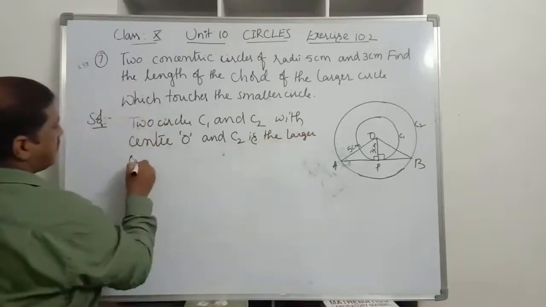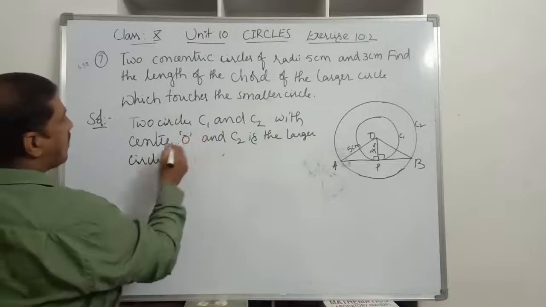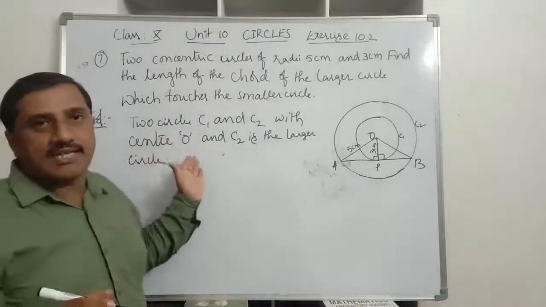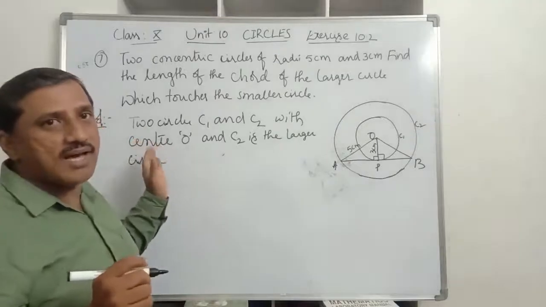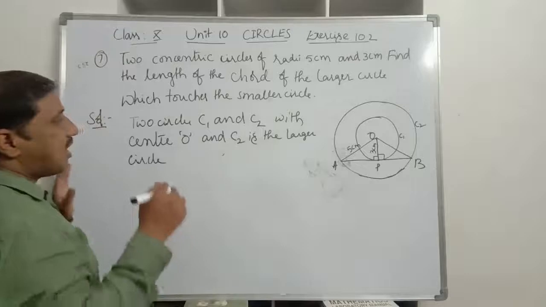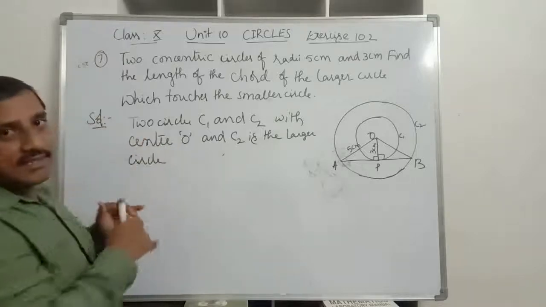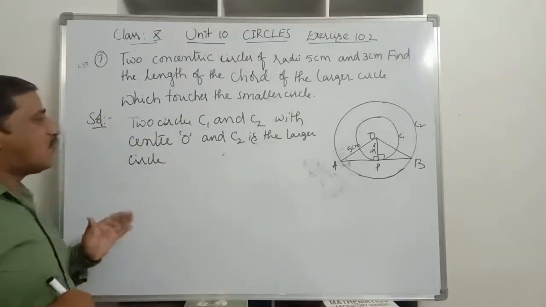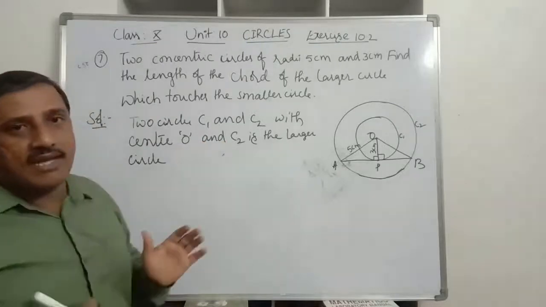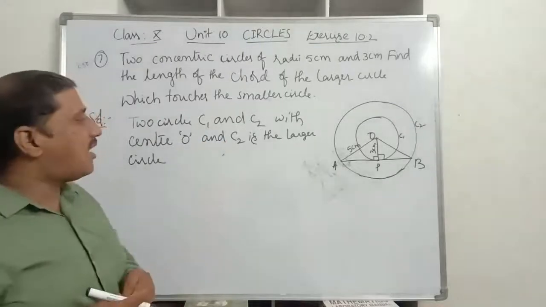Two circles with the same center. Therefore, those two circles are known as what? The concentric circles. Now here, the two circles C1 and C2 with the center O, C2 is the larger circle and C1 will automatically be the smaller circle.